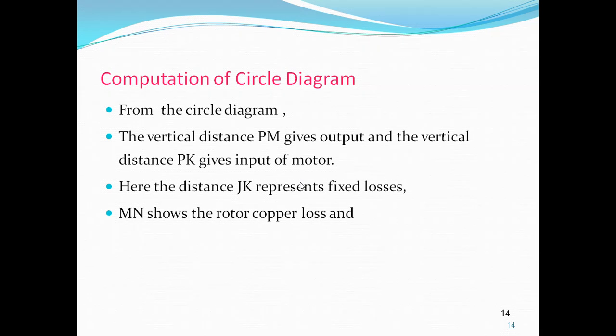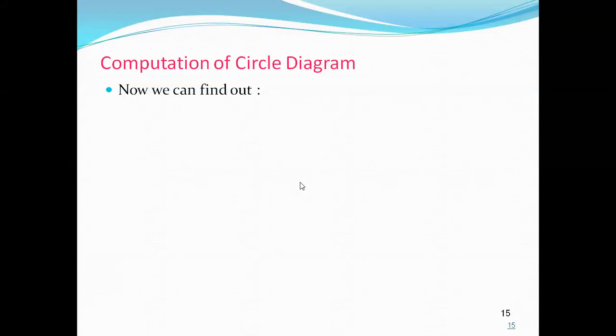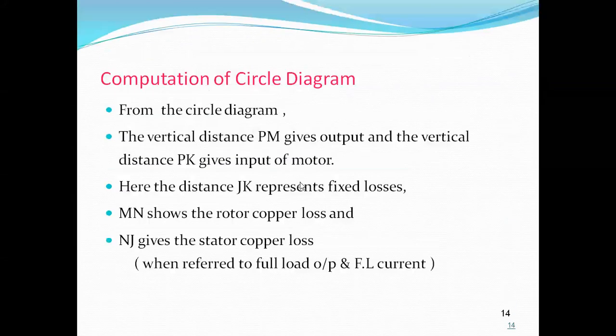MN represents rotor copper losses, and NJ gives the stator copper losses. From this we can calculate, so note this down. This circle diagram is important, it will be given as a big question.